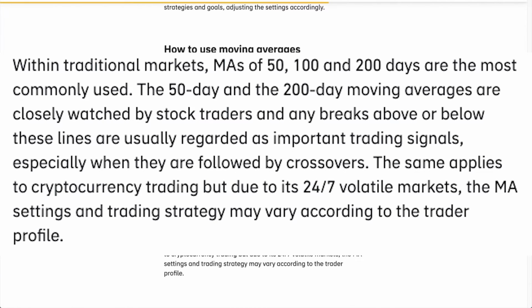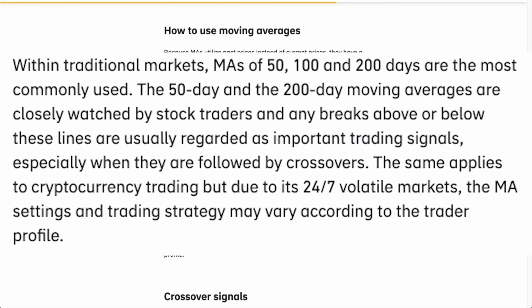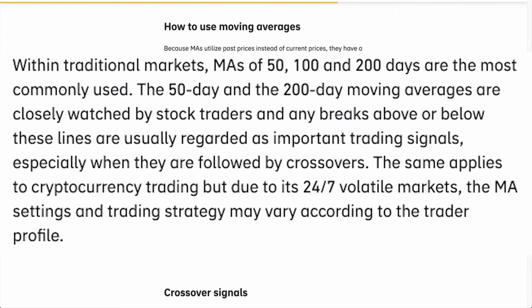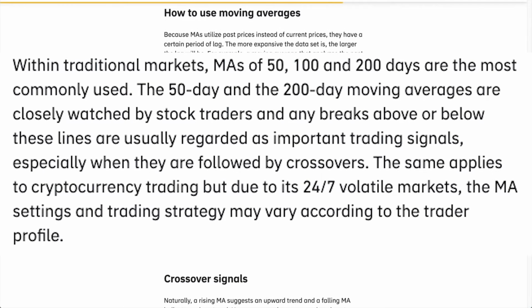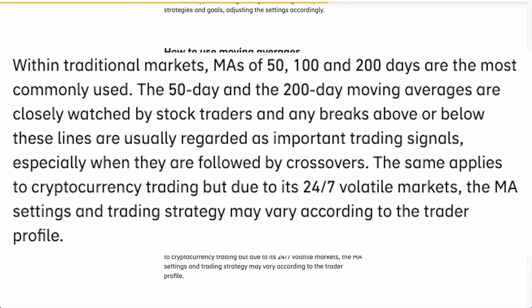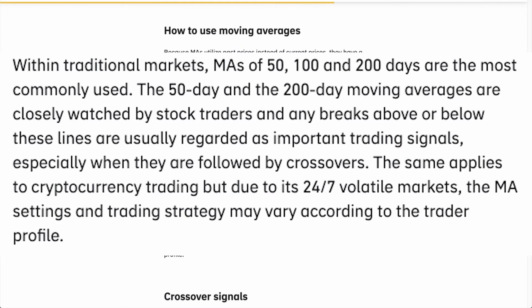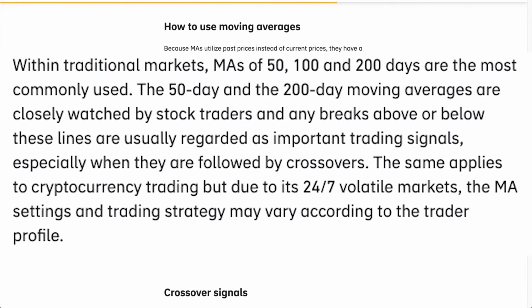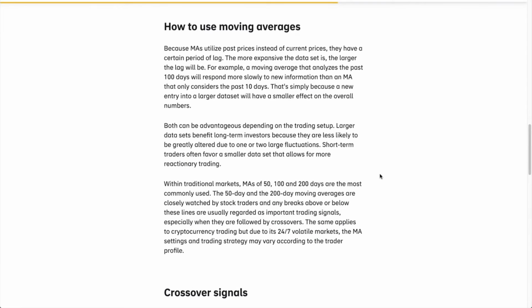The 50-day and 200-day MAs are closely watched by stock traders, and any breaks above or below these lines are usually regarded as important trading signals, especially when they are followed by crossovers. The same applies to cryptocurrency trading, but due to its 24/7 volatile markets, the MA settings and trading strategy may vary according to the trader's profile.